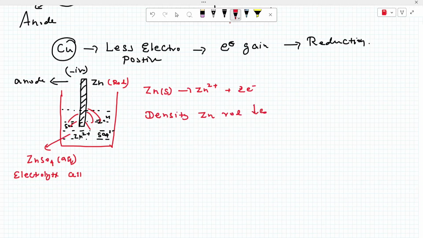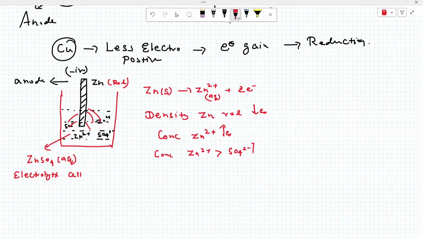At the same time, does the concentration of Zn 2 plus increase or decrease, students? Increases. Why does it increase? See, the zinc rod only converts to Zn 2 plus, and then this Zn 2 plus goes into the solution, right? So what will be higher in this solution? The concentration of Zn 2 plus is higher than SO4 2 minus.